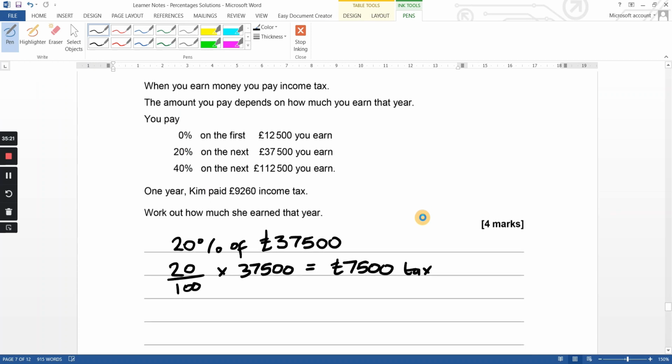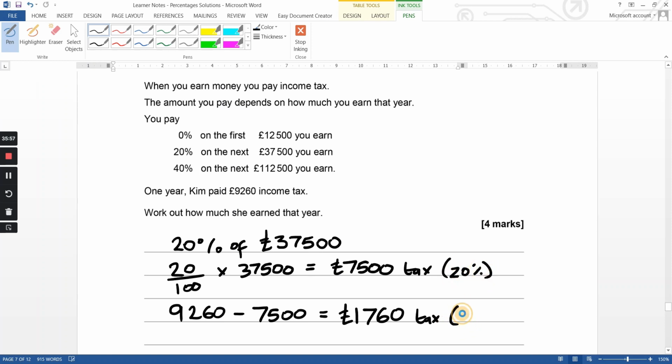So let's work out the rest. 9,260 take away this gives you £1,760 tax. So the 7,500 was taxed at 20%, and this one is the 40% tax.